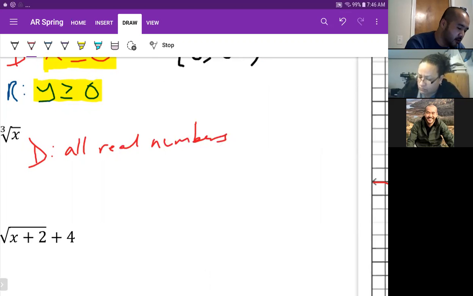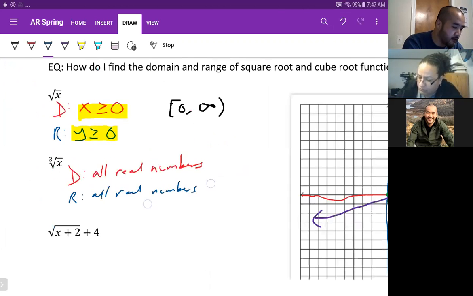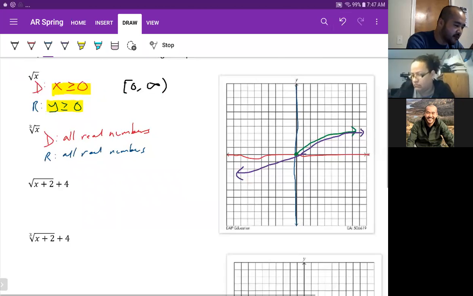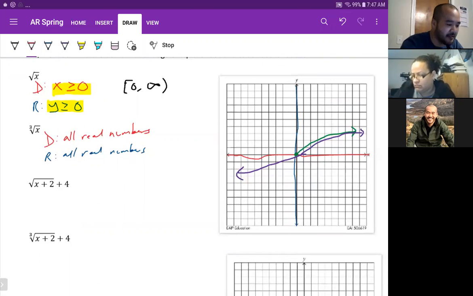And then the range is also all real numbers. So those are the parameters. I'll show you these next 2 with the transformation, and then that should cover everything you need to do today.